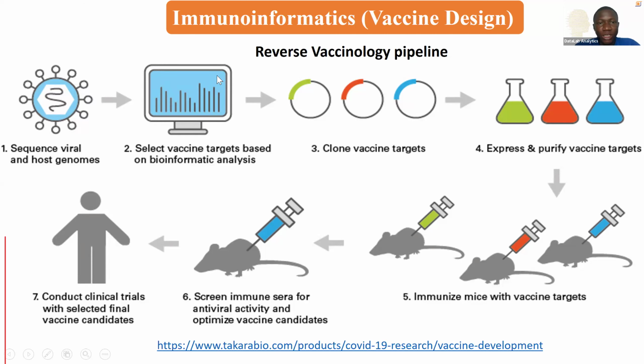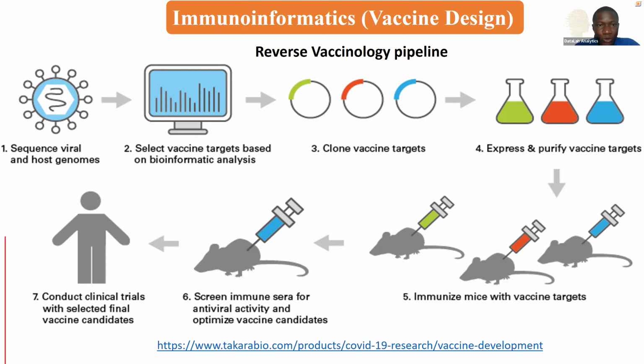But in the case whereby you are using the conventional approach to design a vaccine molecule, it's going to take you a lot of effort, a lot of finance to be able to do that again. But with the help of bioinformatics, you see the effect of the vaccine already.